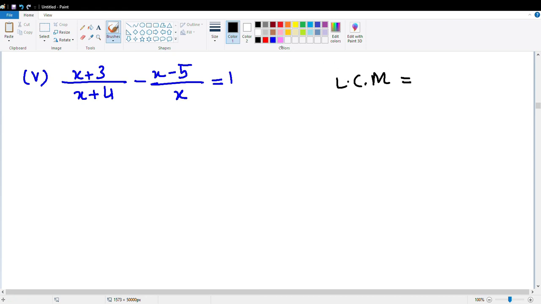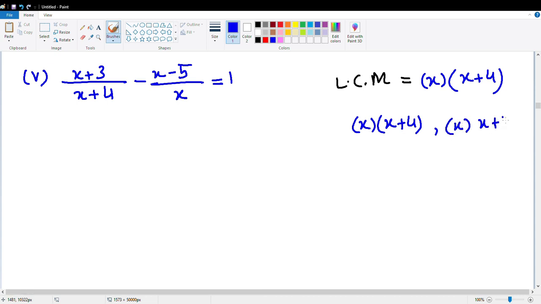Basically, this is the LCM of the left side. Taking the LCM, we'll get x into x plus 4. As you can see, x is a smaller term, so we're going to write that first. So I'm just going to write this twice over here, x into x plus 4 and x into x plus 4.